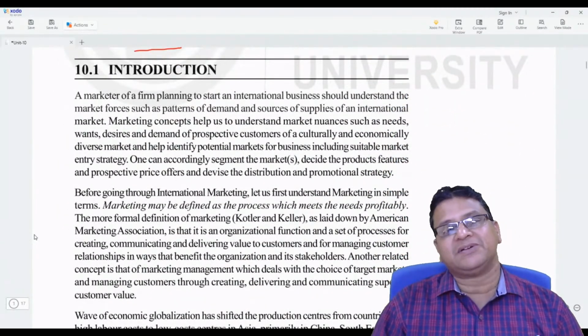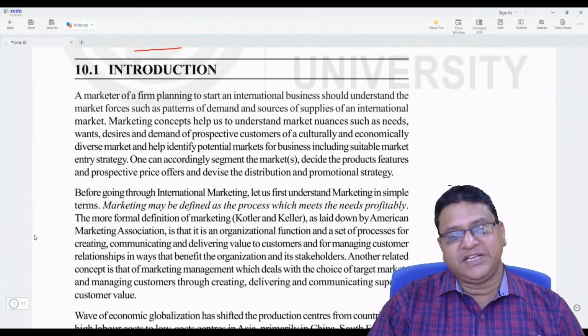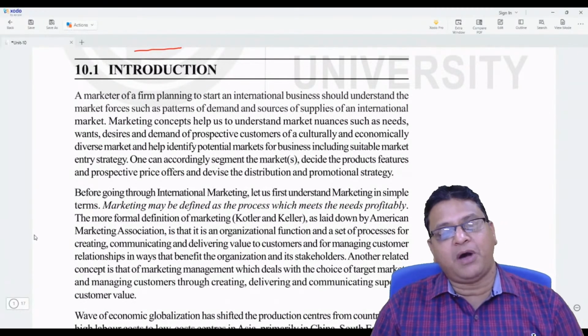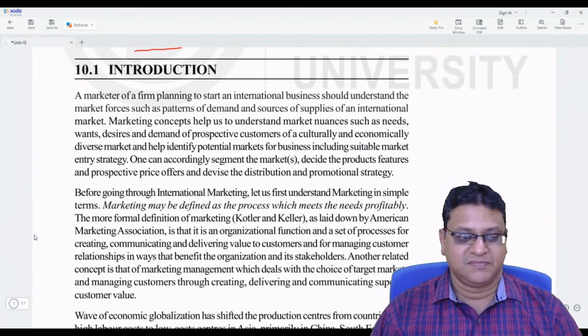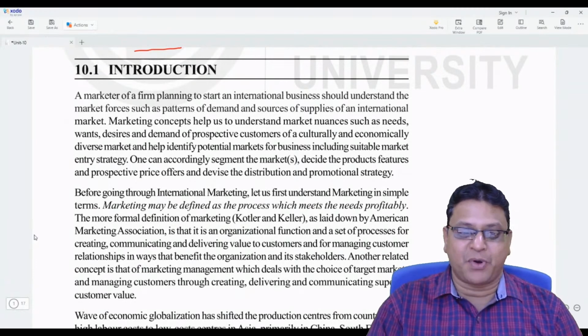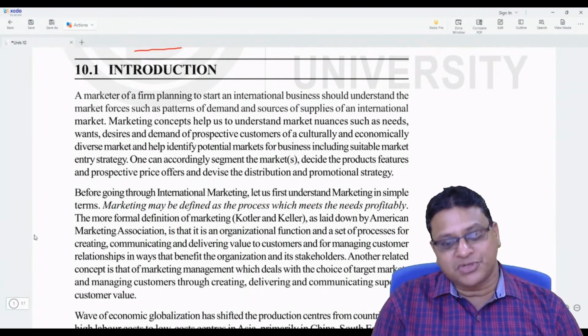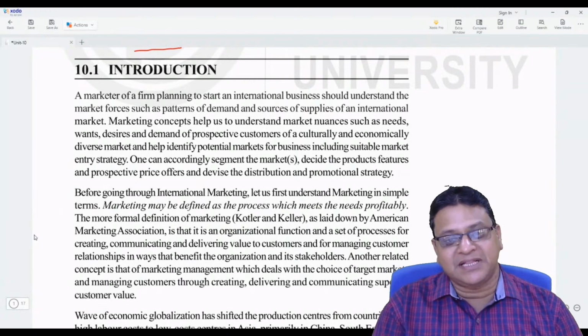Then we will go to international marketing. As we know, there is a difference between selling and marketing. Selling is all about increasing the revenue of the organization. But marketing is a broader concept than selling. Marketing is the process of identifying customers' needs and satisfying them.